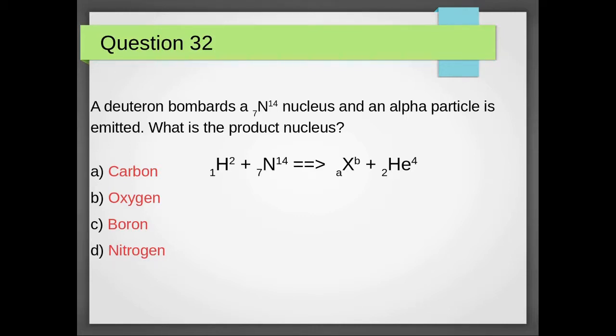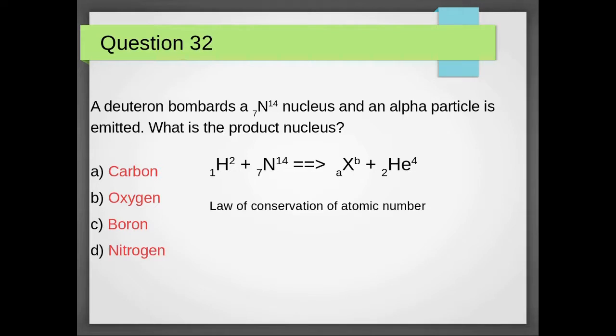This deuteron bombards a nitrogen nucleus with atomic number 7 and a mass number of 14 to give rise to an unknown element X with atomic number A and mass number B, plus an alpha particle is emitted, and we know that an alpha particle is the nucleus of a helium atom. So it has 2 protons and 2 neutrons, making a mass number of 4.